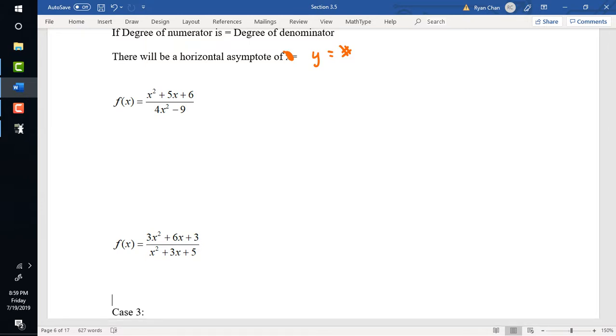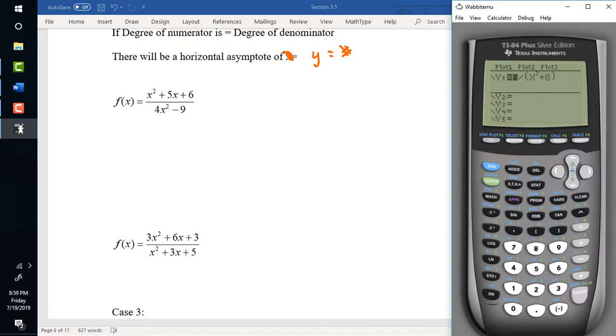Actually, why don't we do this? Let me graph both of these. I'm going to graph the first one: x squared plus 5x plus 6 divided by 4x squared minus 9. Let's look at what happens as I keep tracing towards the right.